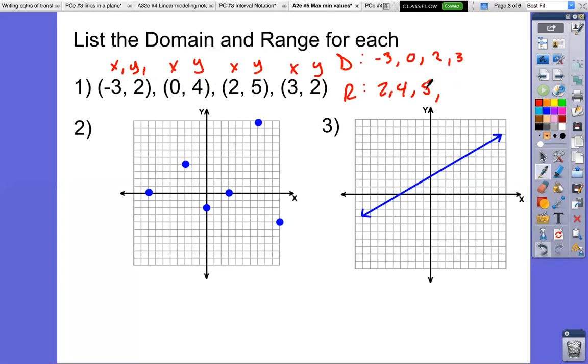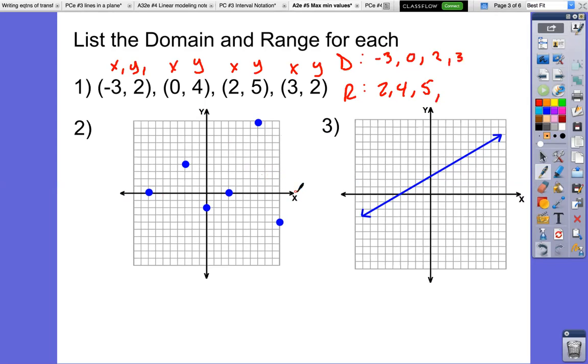Any questions at all there? Domain and range, for the most part, is easy, especially in the beginning. Now, we'll get a little trickier as we go. Any questions at all? Okay. On number 2, if I gave you the graph, you do this the same way.